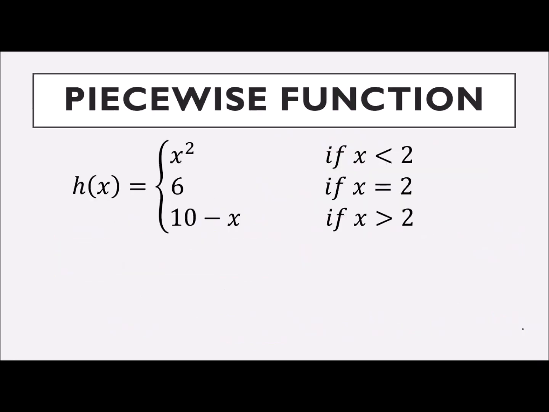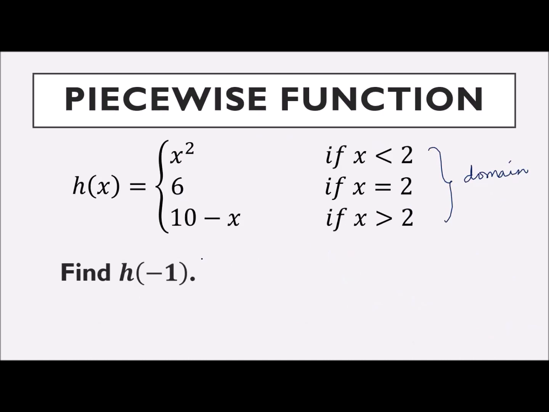Now, let's have the piecewise function. How do we evaluate it? Always remember that this one is our domain. So, yan yung rules of the domain. So, dyan tayo titingin kung anong kukunin natin. Yan yung sinabi ko dun sa nakaraang video. Let's try h of negative 1.